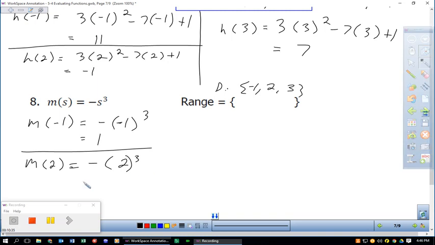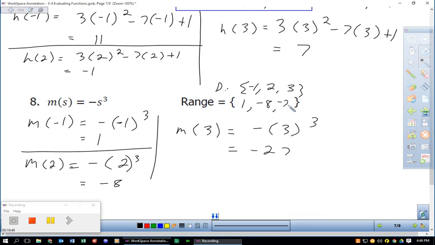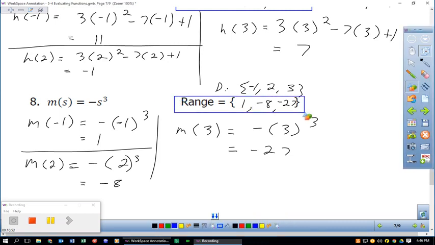Make sure you have those parentheses in the right place. That should be negative 8. And then m of 3 is negative 3 cubed, which is negative 27. So our range is positive 1, negative 8, and negative 27 in those curly braces. Okay. Not too bad, I don't believe.